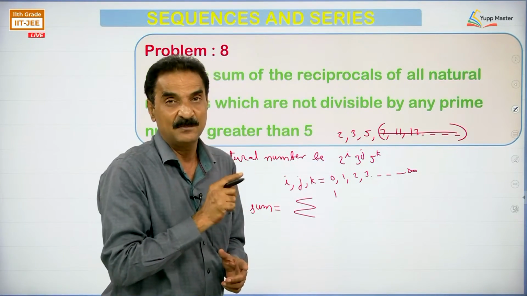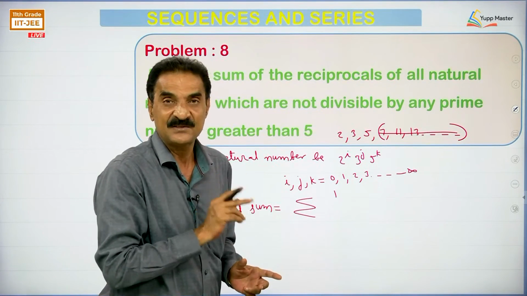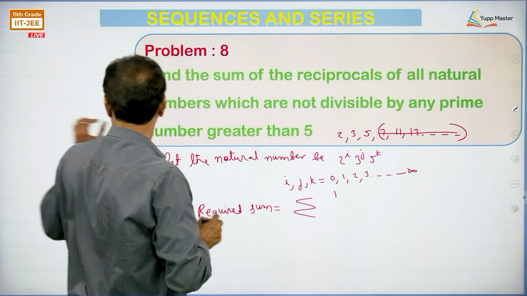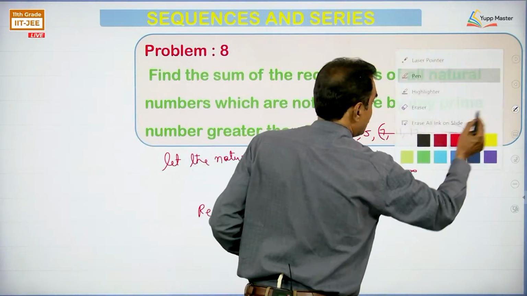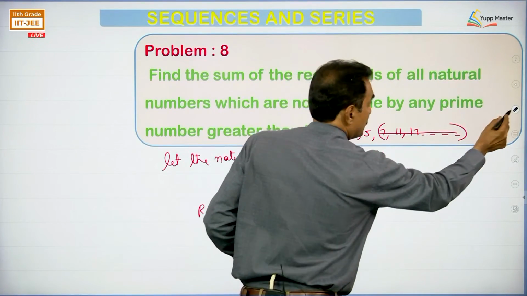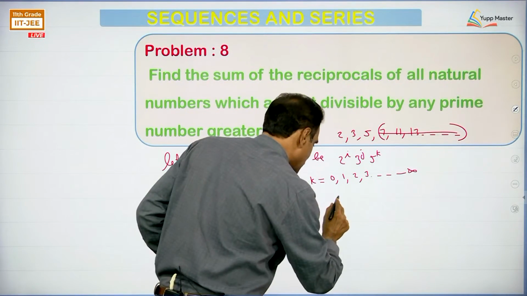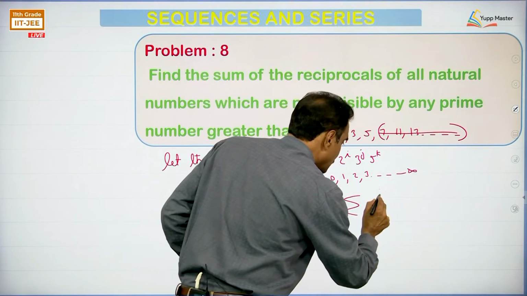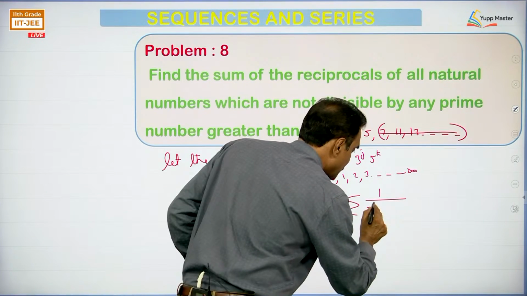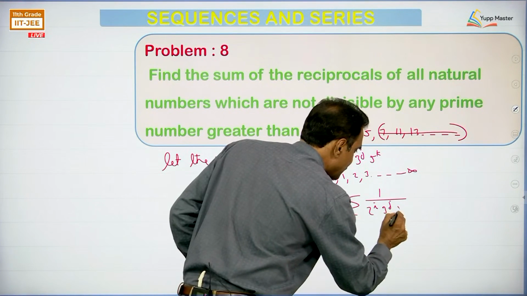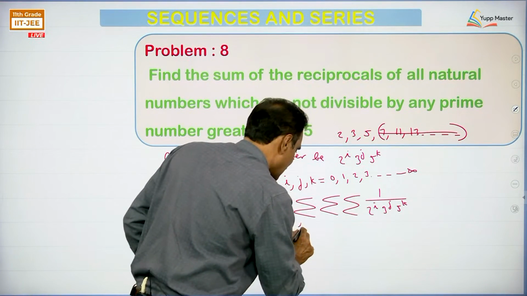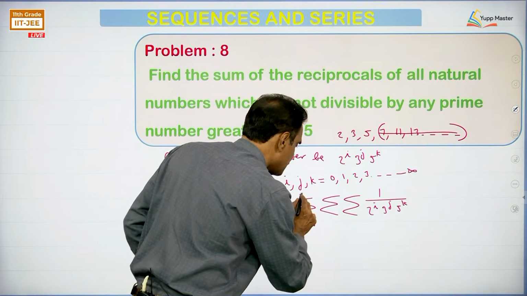There are 3 variables. So, we should not use 1 sigma, we have to write 3 sigmas. So, it is sigma 1 by 2 power i, 3 power j, 5 power k, and i, j, k vary from 0 to infinity.